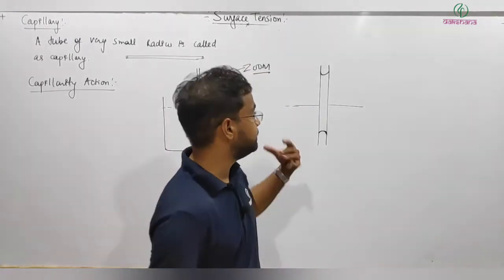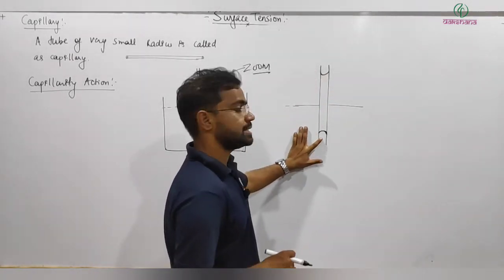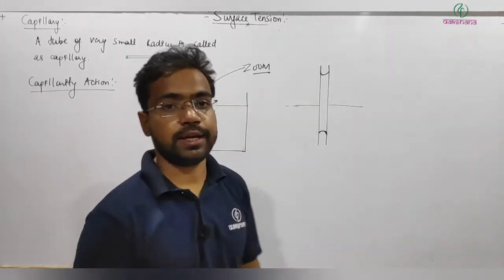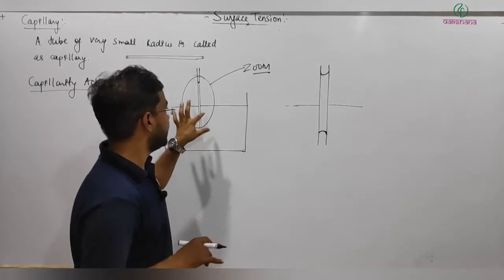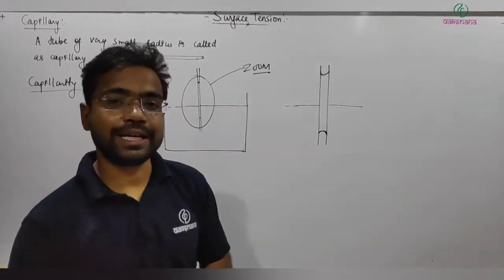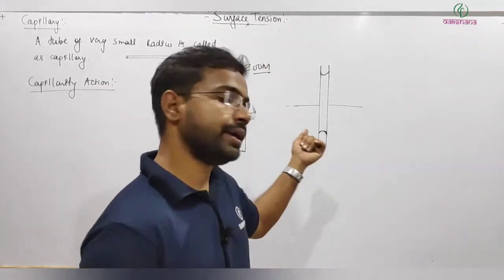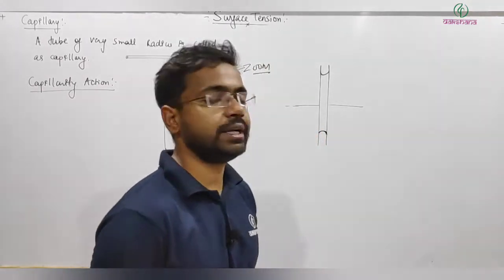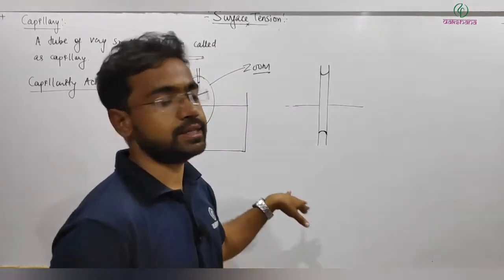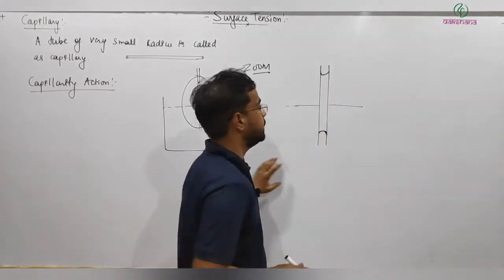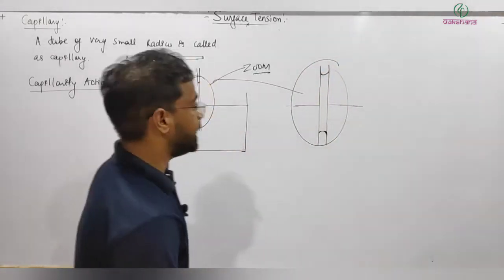We need to understand the physics behind it, why the liquid either rises or depresses. In simple terms, capillarity action is when a narrow tube, which we call a capillary, is submerged in a liquid, and depending on the pair, the liquid level in the capillary will ascend or descend compared to the surrounding level. This is termed capillarity action.